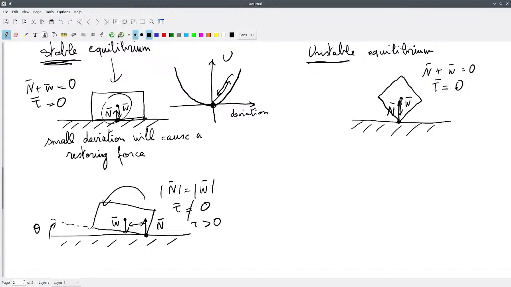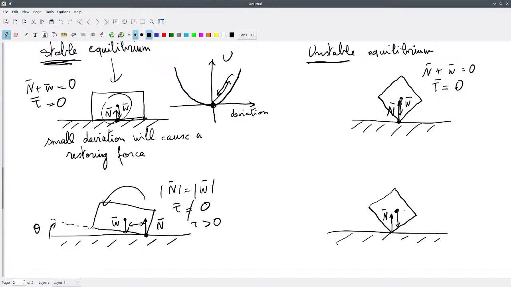But of course, what happens now if there's a small deviation that causes the box to tilt just a little bit to the right? My normal force is still applying here, but my drawing is not necessarily great.